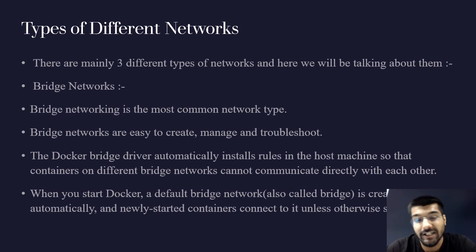Bridge networks are easy to create and manage, and troubleshooting problems is easy with them. The Docker bridge driver automatically installs rules in the host machine so that containers on different bridge networks cannot communicate directly with each other. When you start Docker, a default bridge network is created automatically, and newly started containers connect to it unless otherwise stated.